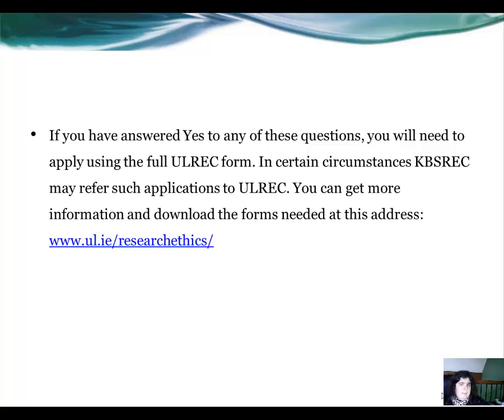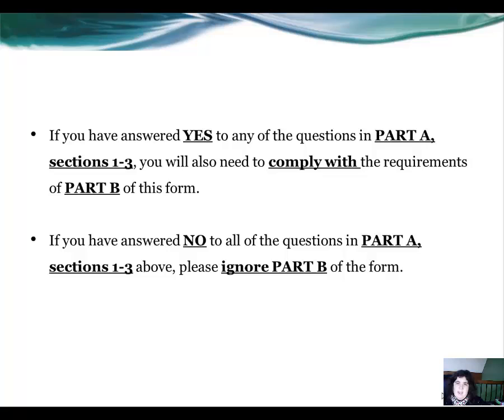So just a little bit more clarification on answering yes to the questions in sections 1, 2 or 3, which is also known as part A. If you answer yes to those sections, you need to comply with part B of the form.